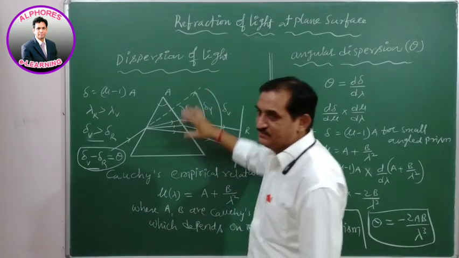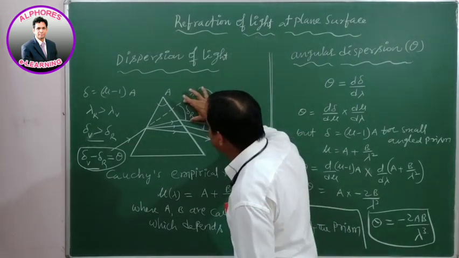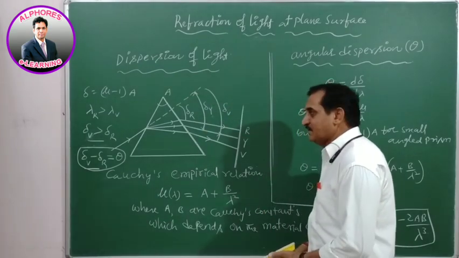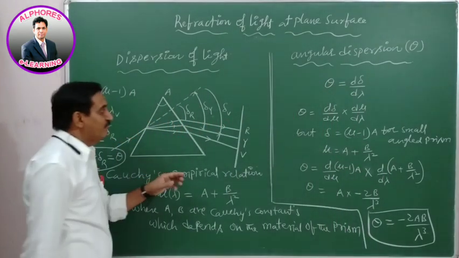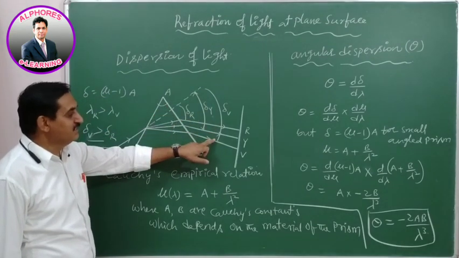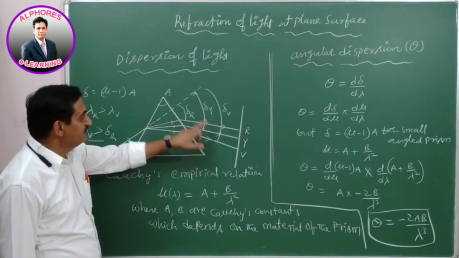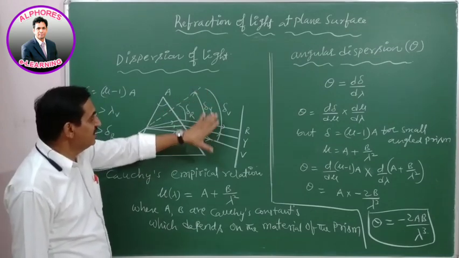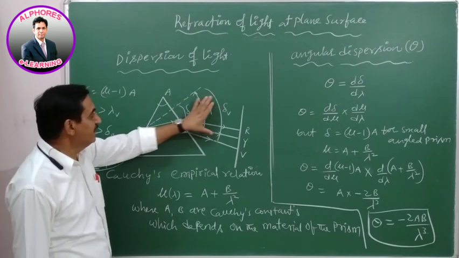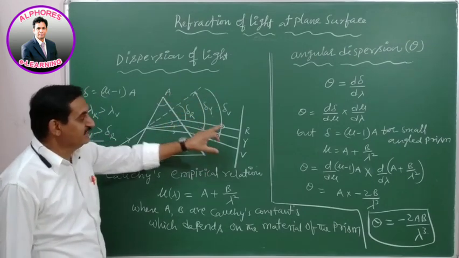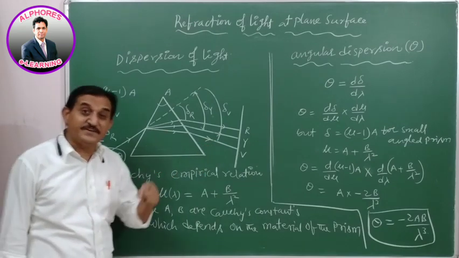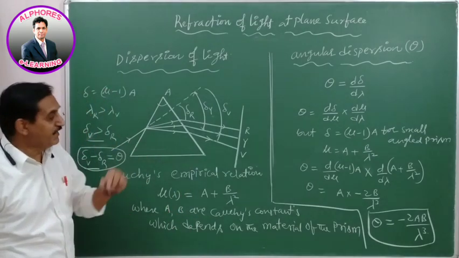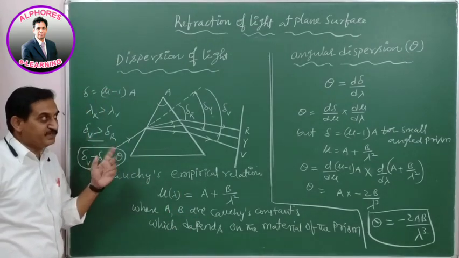Angular separation means deviations. Red color will have its own deviation and violet will have its own deviation. Delta V is the deviation suffered by the violet and delta R the deviation suffered by the red. So the difference in deviations of the extreme colors produced by the prism in the spectrum is defined as angular dispersion.